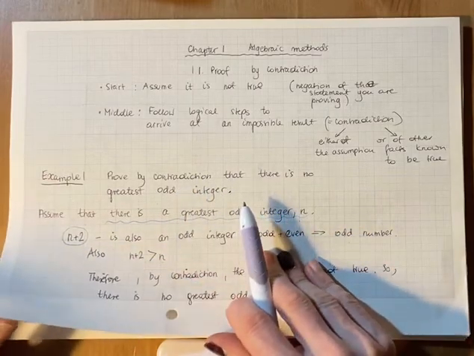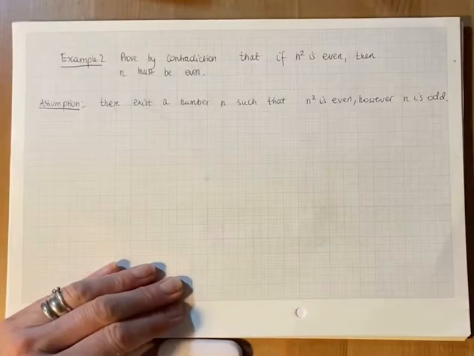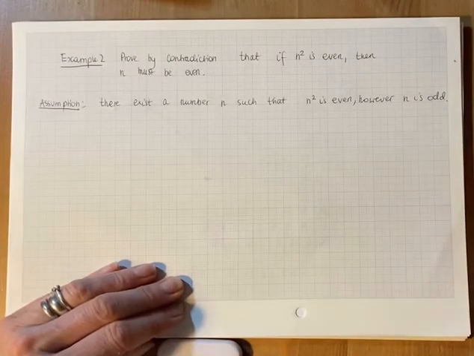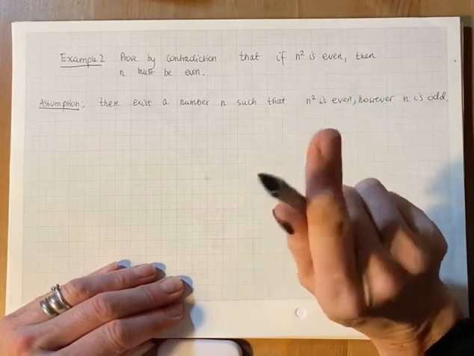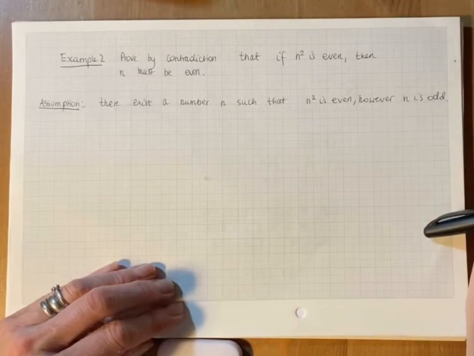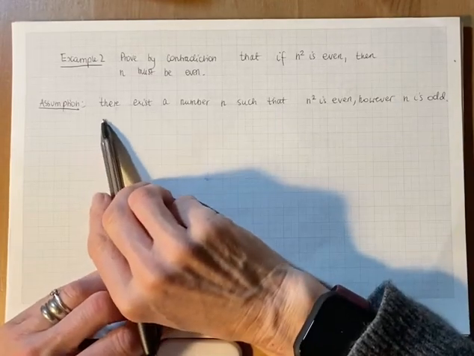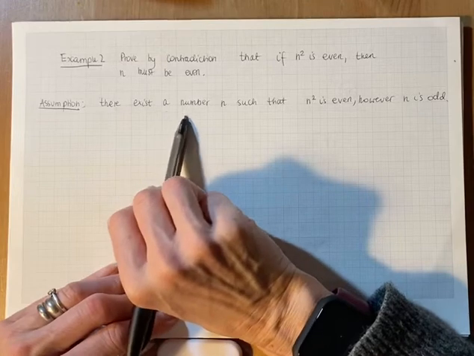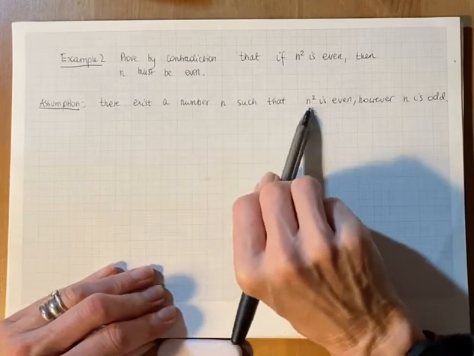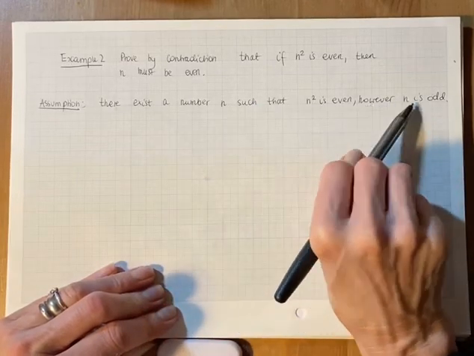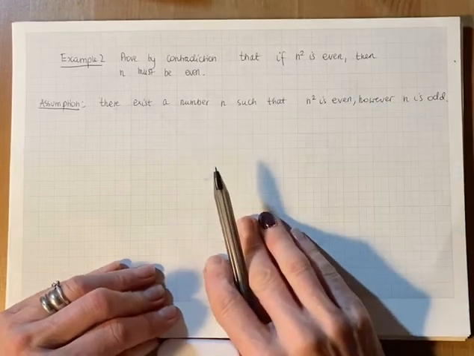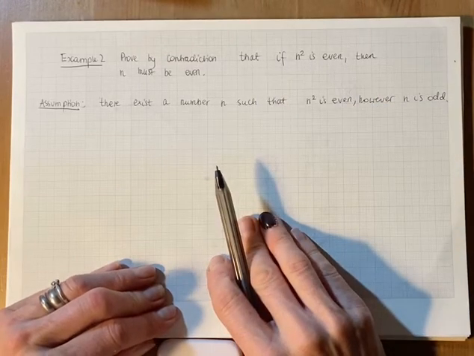So going on to example 2, we've got to prove by contradiction that if n squared is even, then n must be even. So our assumption in this statement is that there exists a number n such that n squared is even, however n is odd. So we are going to contradict this statement.